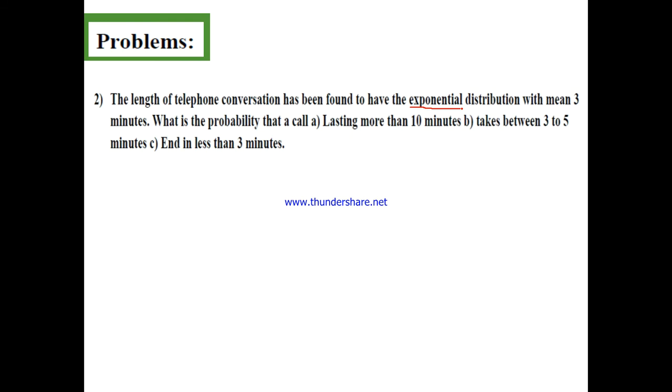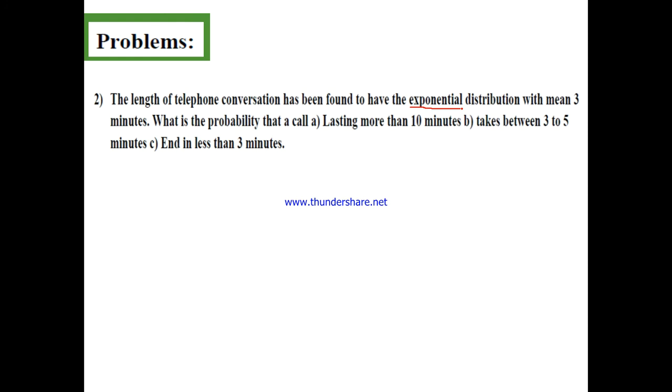Therefore, the random variables we had over there were 0, 1, 2, 3, if you remember that. We used to count the telephone lines. But in this problem, it talks about the duration of the telephone conversation, where the random variable takes values between the given limits.